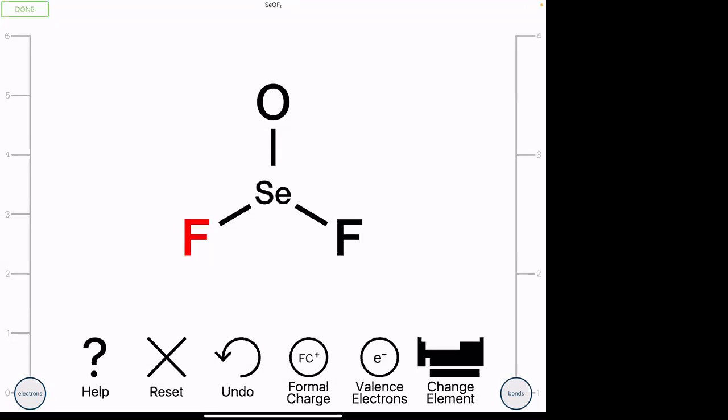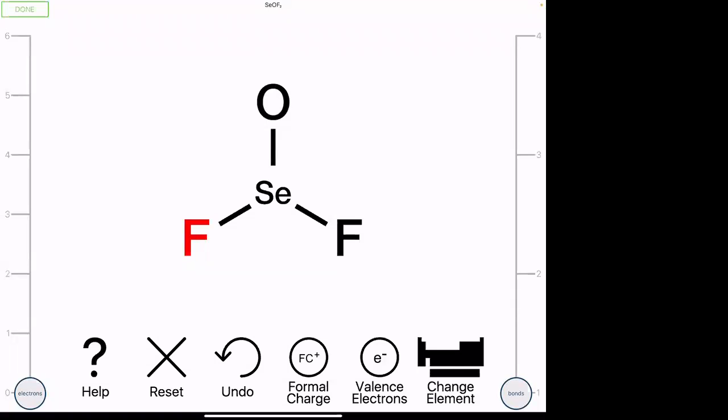I've got 1, 2, 3, 4, 5, 6, 7, 8, 9, 10, 11, 12 around the fluorine. 13, 14, 15, 16, 17, 18 around the oxygen, 19, 20, 21, 22, 23, 24 around the other fluorine so far. And then it looks like I've got an extra pair that would go on the selenium. Now, is this the one? Let me just run backwards. Is this the one that says to apply the octet rule to all the atoms? I have to go back and look.